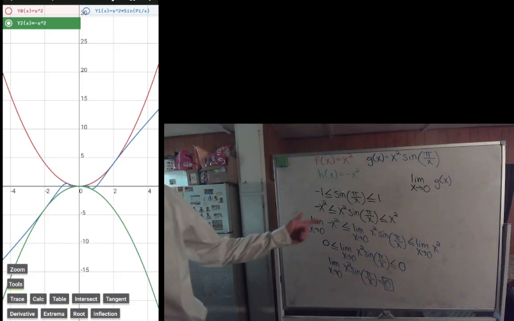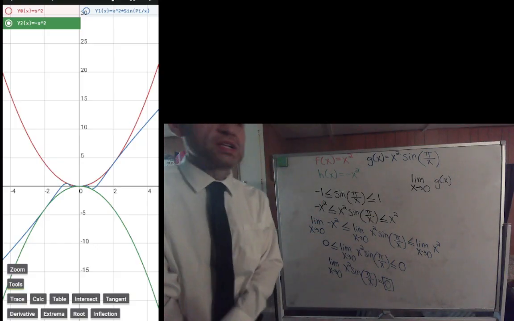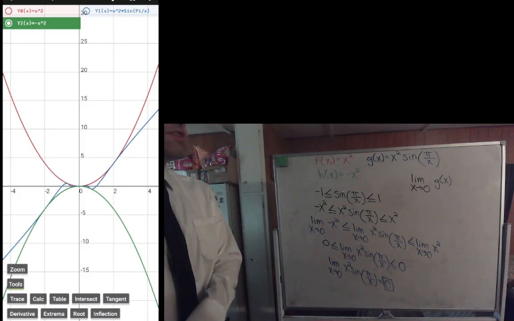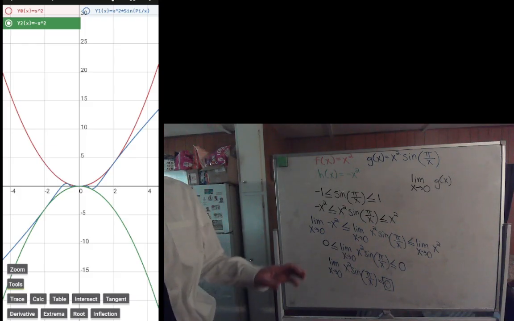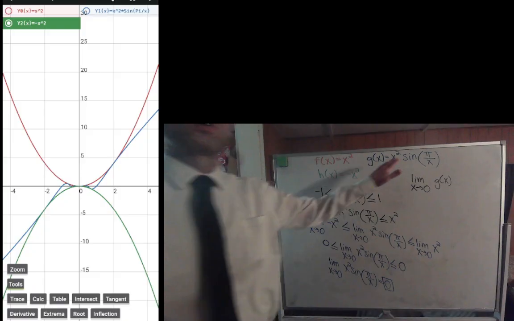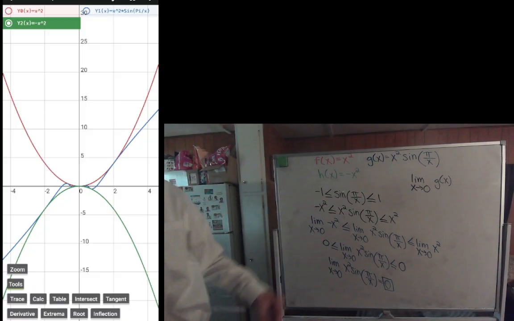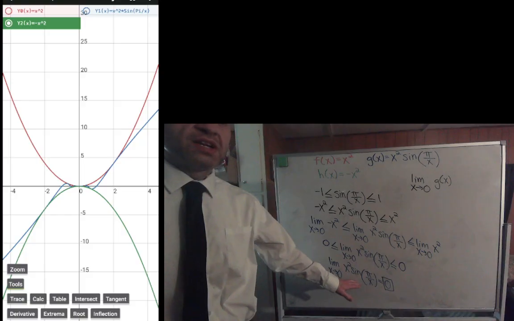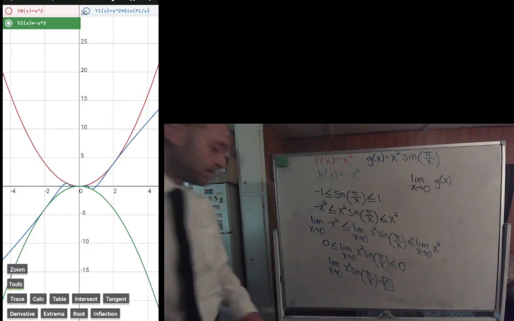That extra factor of x squared is often called a damping factor. If you have a trig function and it's multiplied by anything else besides the normal trig function, that's called a damping factor. So these are great for finding the limits of damped trig functions.